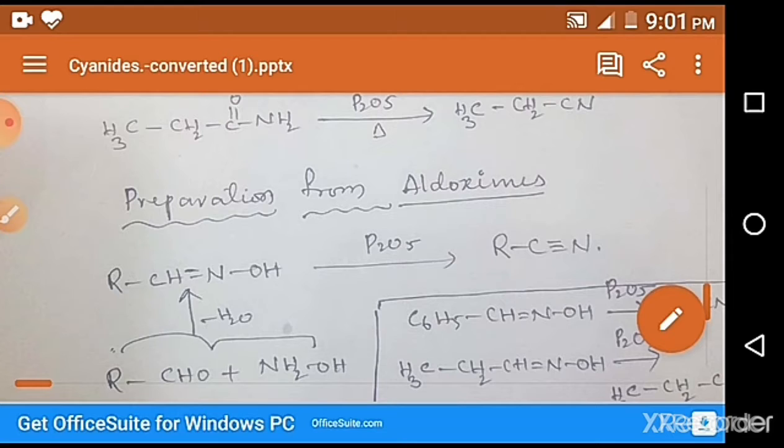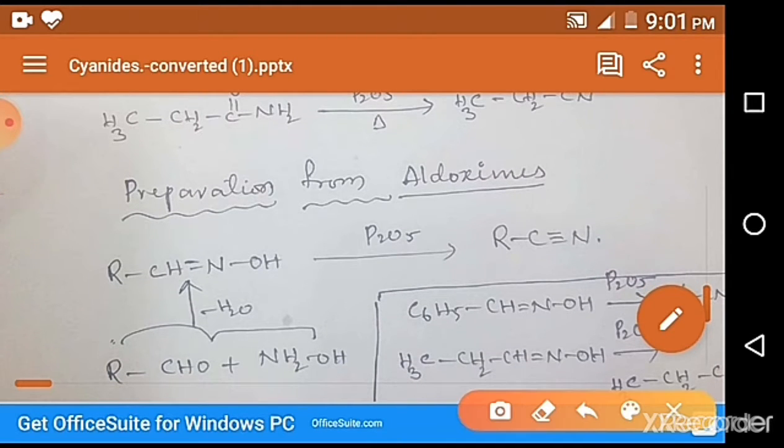Oximes are the compounds formed when hydroxylamine reacts with carbonyl compounds, aldehydes or ketones, to give the corresponding oximes. When hydroxylamine reacts with an aldehyde, we get an aldoxime. You see in this example, it is an aldoxime.